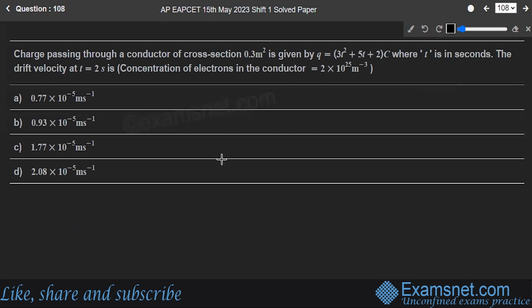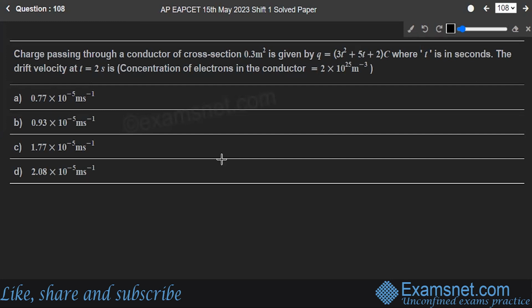Charge passing through a conductor of cross section 0.3 meter square is given by Q is equal to this much coulomb, where t is time in seconds. The drift velocity at t equal to 2 seconds is asked; the concentration of the electrons in the conductor should be taken as this much. All right.